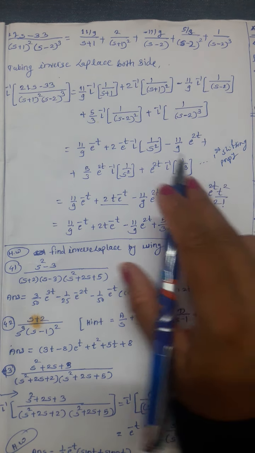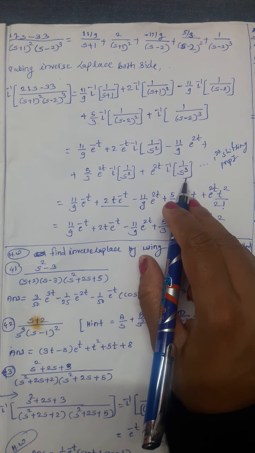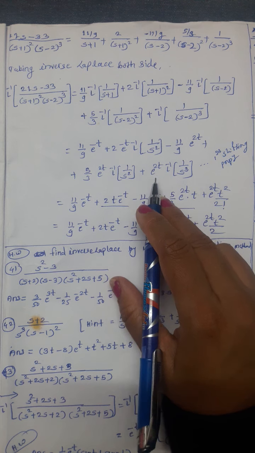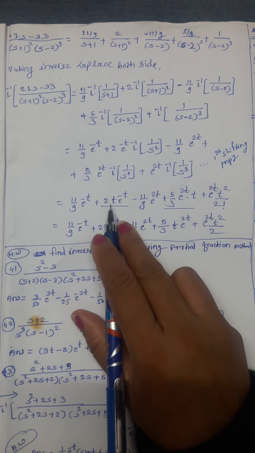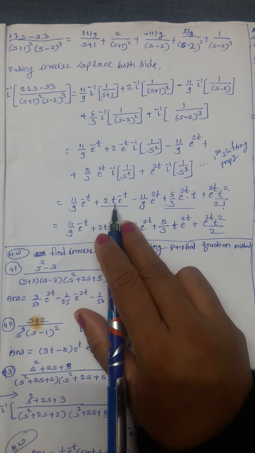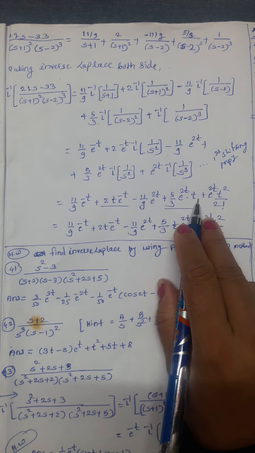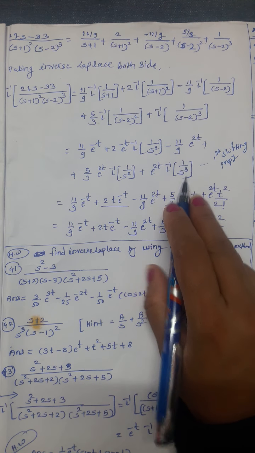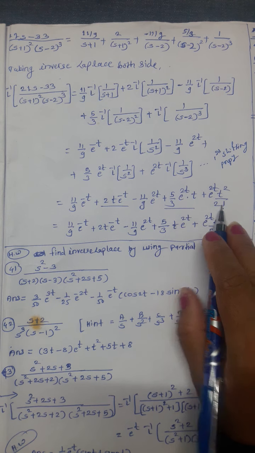Now these are easy terms, 1 upon s square, 1 upon s square, 1 upon s cube. We can calculate the inverse by the 1 upon s raised to n formula. For 1 upon s square, the formula gives t raised to 1 upon 1, that is t. Here also t, and here t square upon 2 factorial. The rest of the terms are as they are.